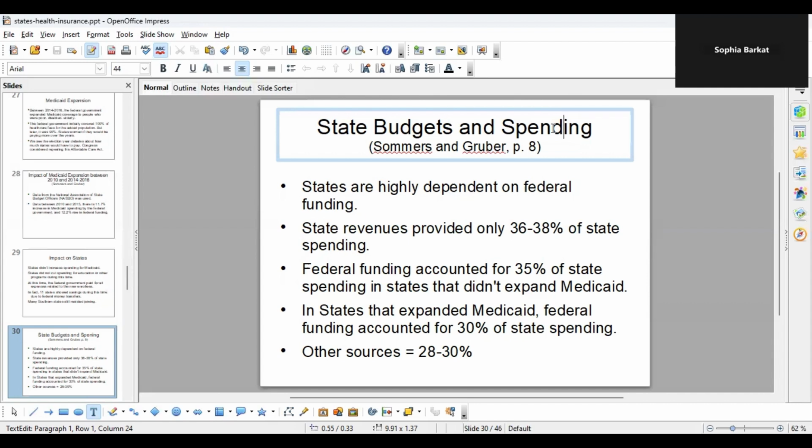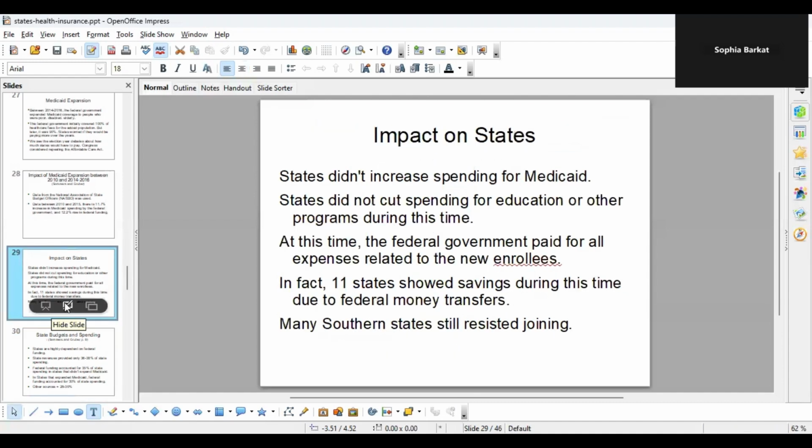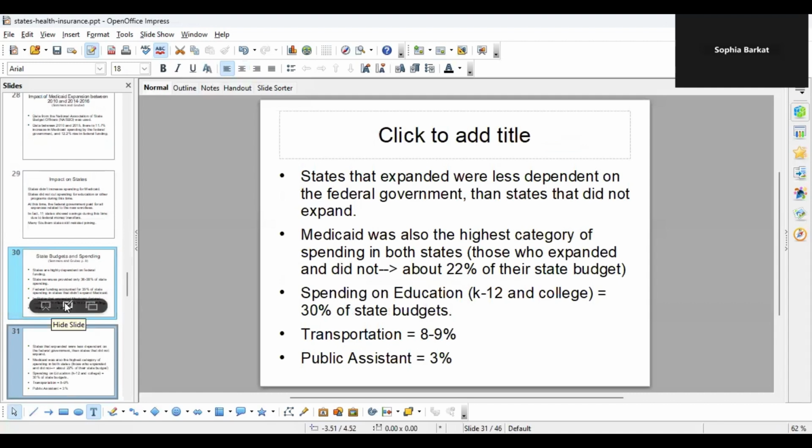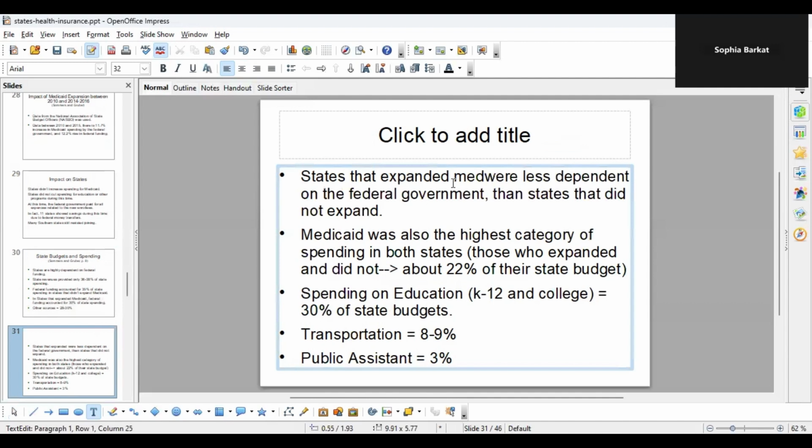So we see that federal governments are pretty much in the picture for states in the US. States that expanded their Medicaid were less dependent on the federal government than states that did not, right?